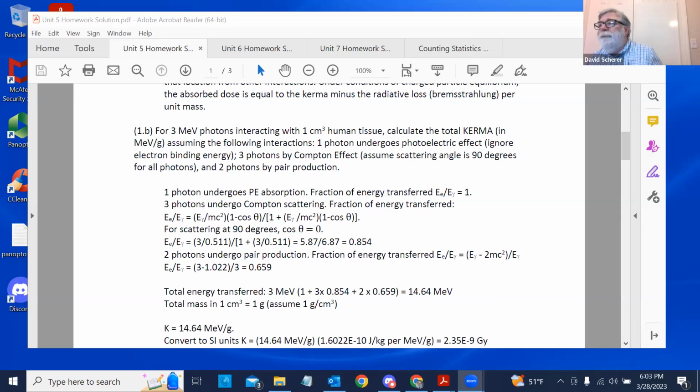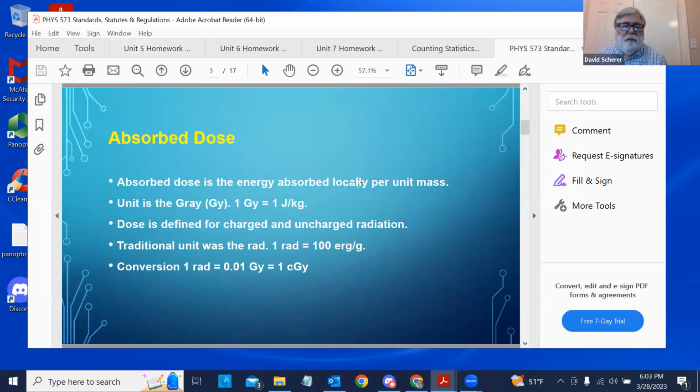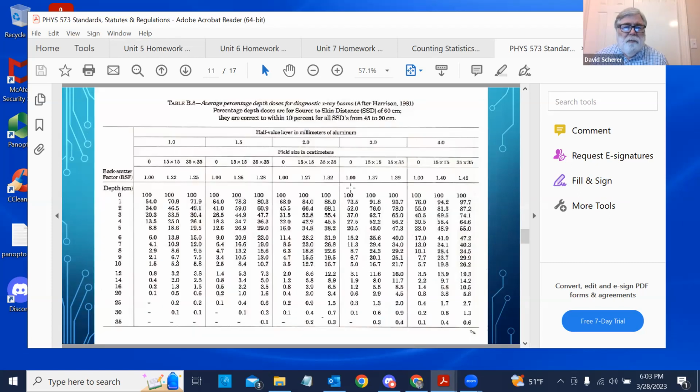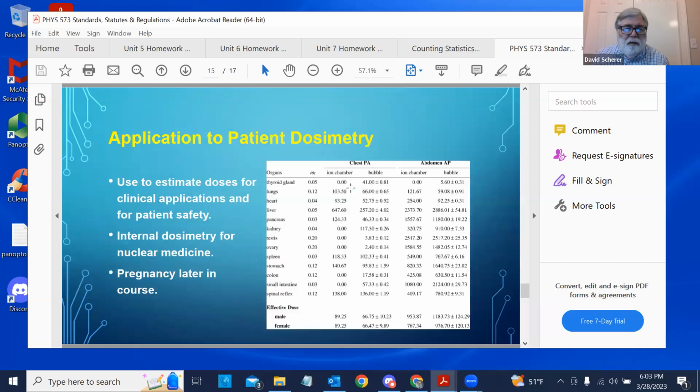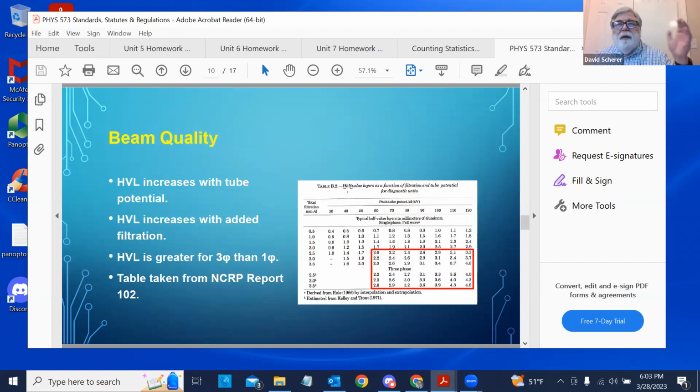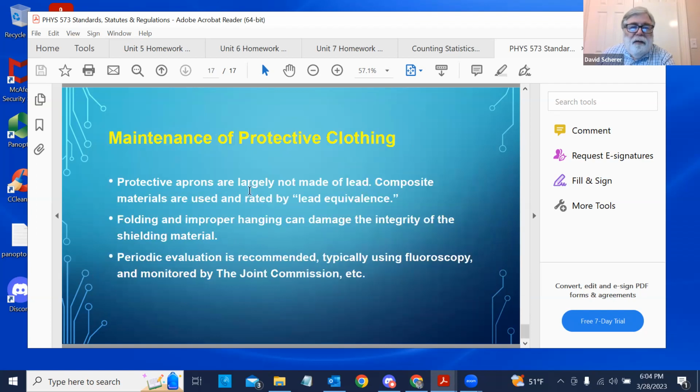So what a number of people did was try to use the general formula for Kerma, where it was the energy of the initial photon minus the energy of the secondary photon, divided by the initial photon, times the cross section. That ring a bell to anybody?